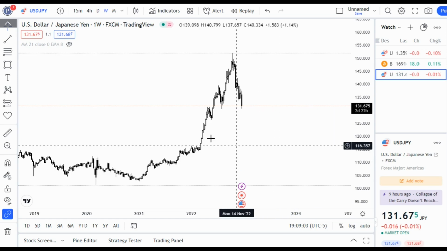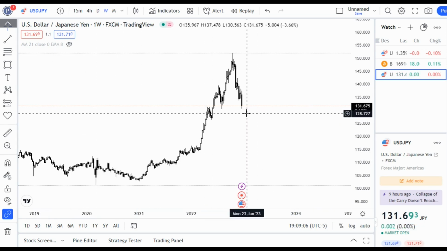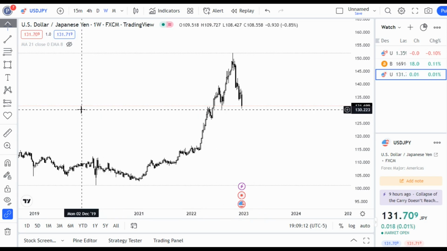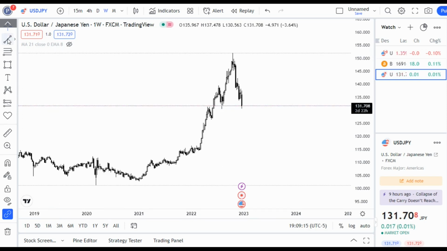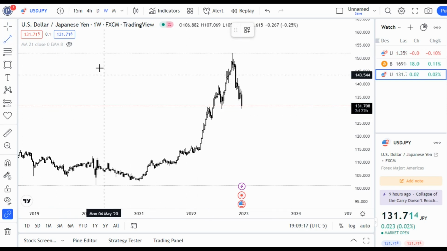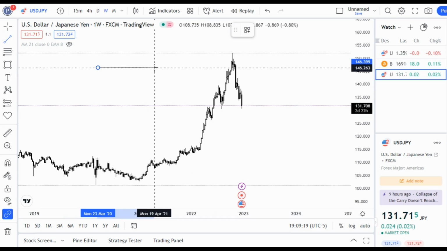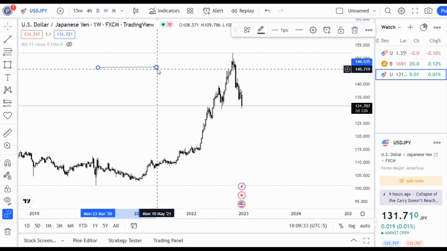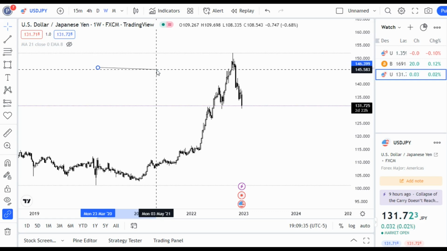So in this case, for us to identify a higher high, a higher low, a lower high and lower low in the market, let's try to use our eyes, just observation, because that's the option we can use here. With this way, yes, you can be right, and at the same time you can also be wrong, because two people can do it and it may not be the same.